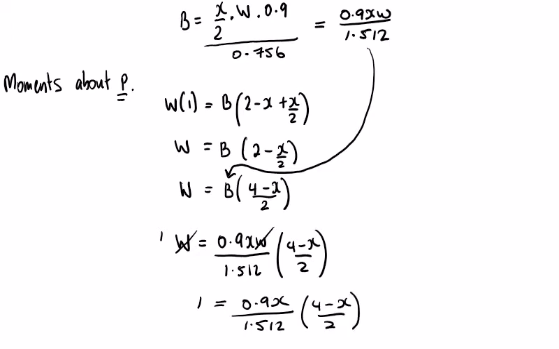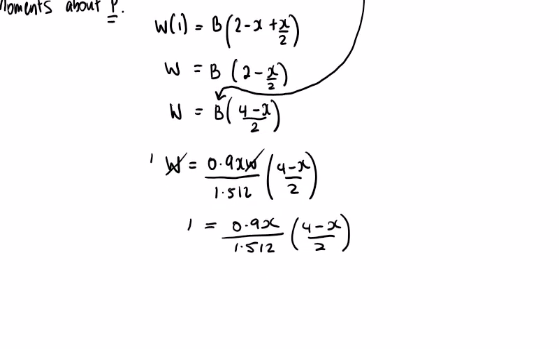So we multiply this out and we get a quadratic. Taking the two bottoms, 2 by 1.512 is 3.024, and multiplying by the left, 3.024 by 1 is equal to 0.9x by 4, which is 3.6x, minus 0.9x by x, 0.9x squared.